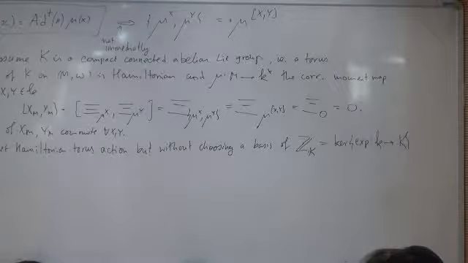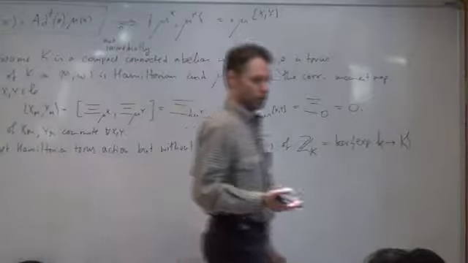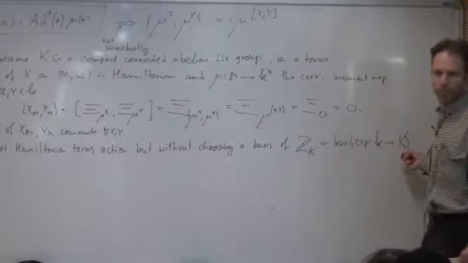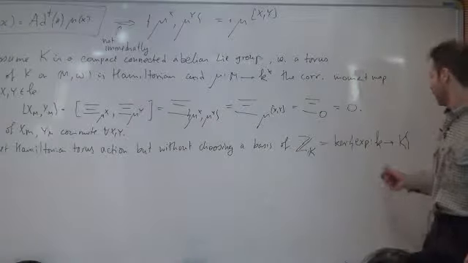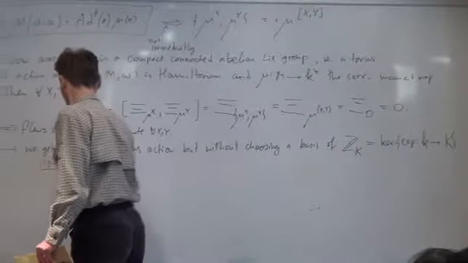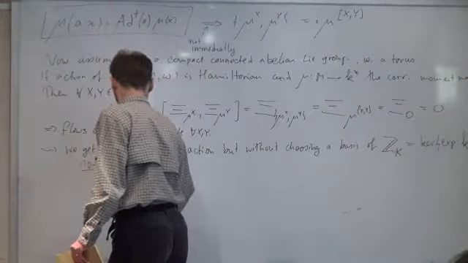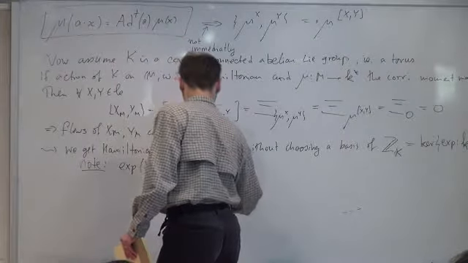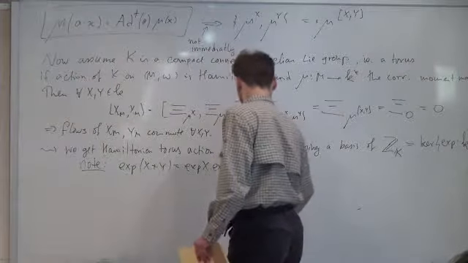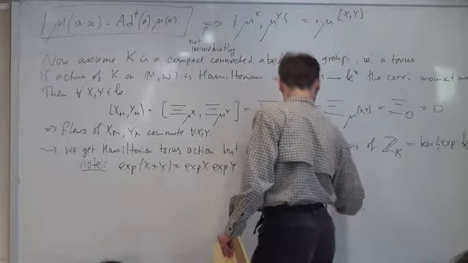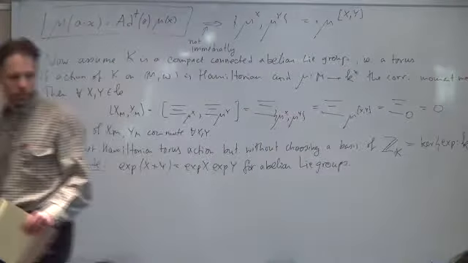But for abelian Lie groups, the exponential map is a group homomorphism. So this is a group under addition, and this is a group that we started out with. And so note exp of x plus y is exp x times exp y for abelian Lie groups. So it makes sense to talk about the kernel.